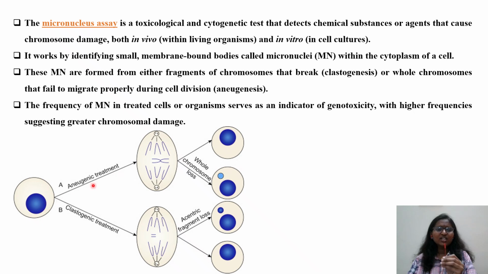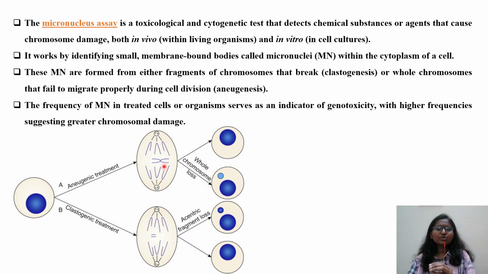This is an aneugenic treatment and this is a clastogenic treatment. In the case of aneugenic treatment, whole chromosome loss is there, so there is a formation of two daughter nuclei, but here there is a loss of chromosome, whereas in this case you can see that micronuclear formation is there. In the case of clastogenic treatment, what is happening? Acentric fragment loss, the part of the chromosome.